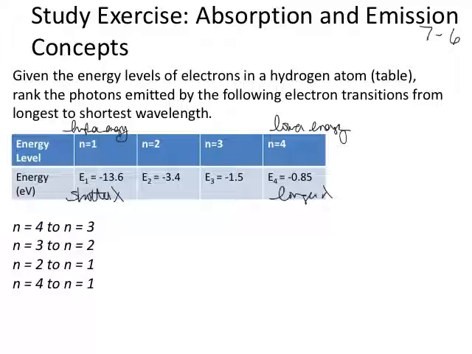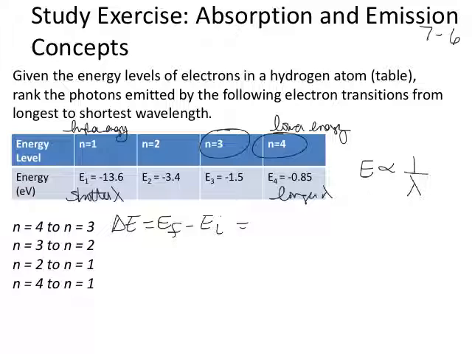And what you're doing here is you're just going from, and you should know that because energy is proportional to the wavelength. So you just look at the magnitude. Because delta E is a state function, you can go with E of your final minus E of your initial. So here, your energy is given to you in electron volts, and we're just going to go from 4 to 3.